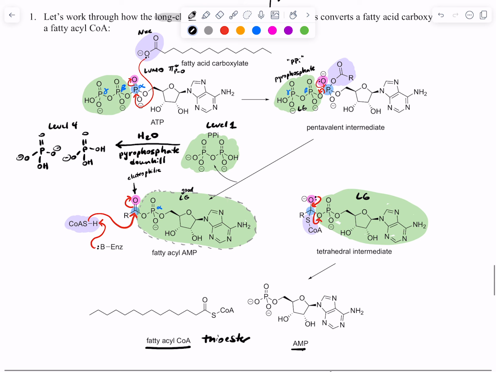Okay. So, questions about that? It's basically 2 nucleophilic acyl substitution reactions: addition step, intermediate, elimination step, another addition step, another intermediate, another elimination step.